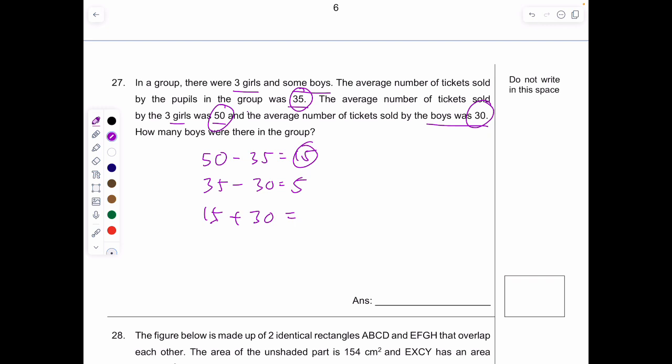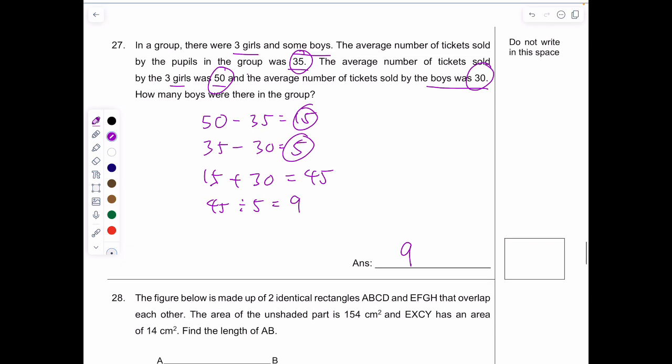So in total, that would be 45. So now we know that it is 45, and the difference between the girls and the boys is actually 5. We can just take 45 divided by 5, and it would leave us with 9. So there were 9 boys.